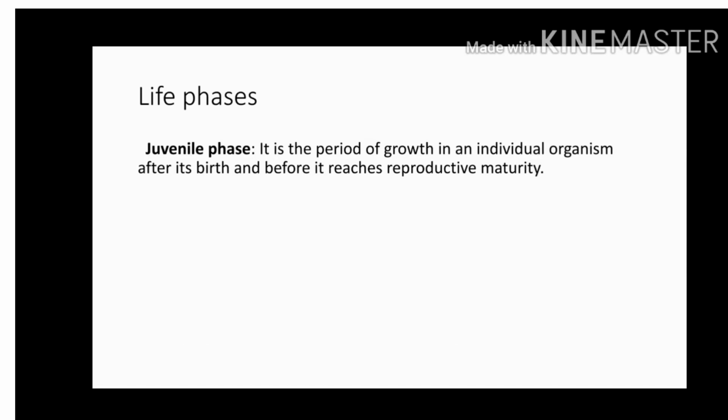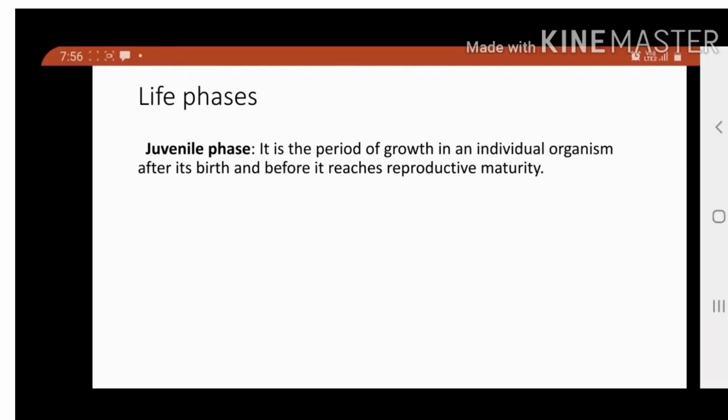The juvenile phase is simply a growth phase, and in plants it is called the vegetative phase. When a plant is in its vegetative phase or an animal is in its juvenile phase, they are not able to reproduce. This is just a growth phase.